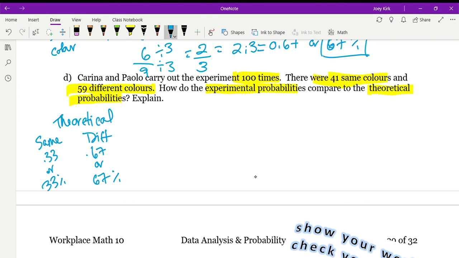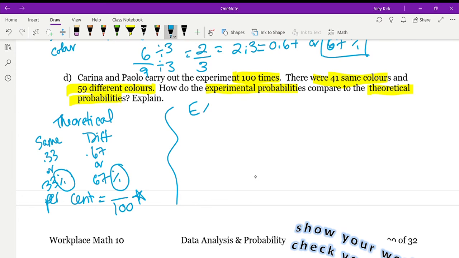Now remember, hopefully you remember what percent means. Percent equals out of 100. And I'm just going to star that because when we look at our experimental probabilities, I was really kind, and they spun it 100 times. So this is going to help us, right?